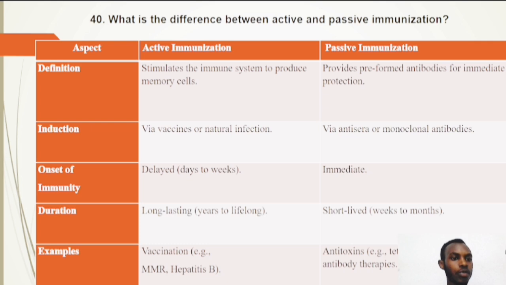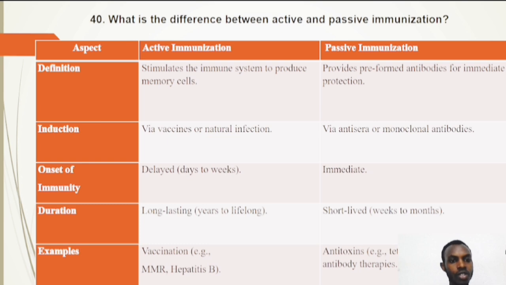The onset of immunity is the time it will take for the immunization to function. There is a delay for active immunization, within days or weeks, while passive immunization responds immediately.